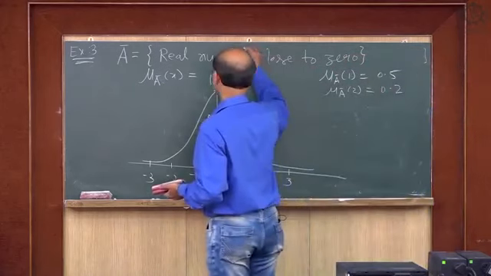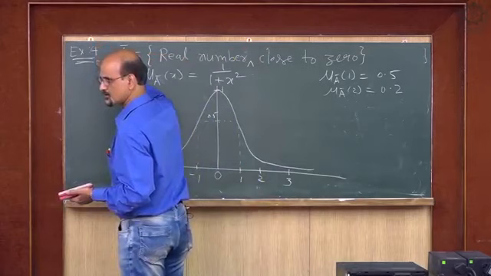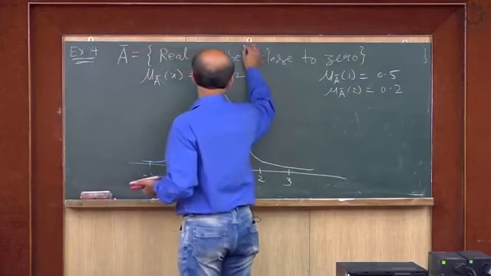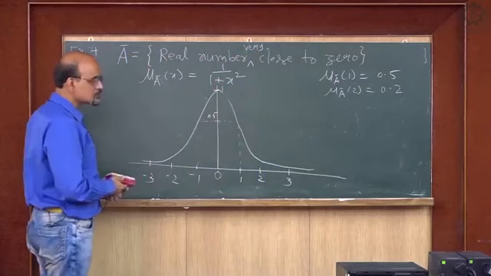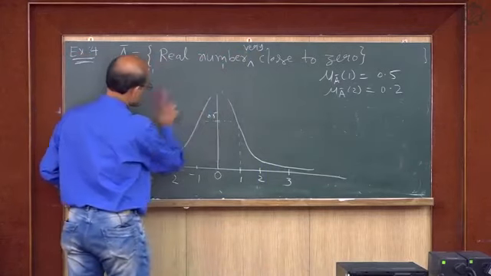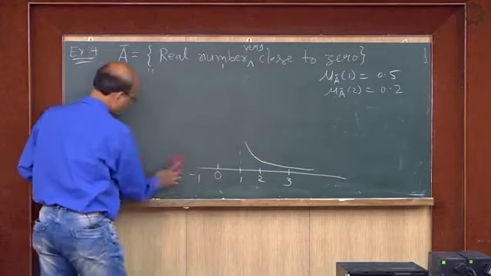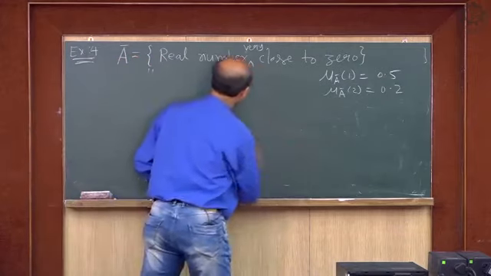Now example 4: real number very close to 0. Since it is very close to 0, we have to define the membership function accordingly.